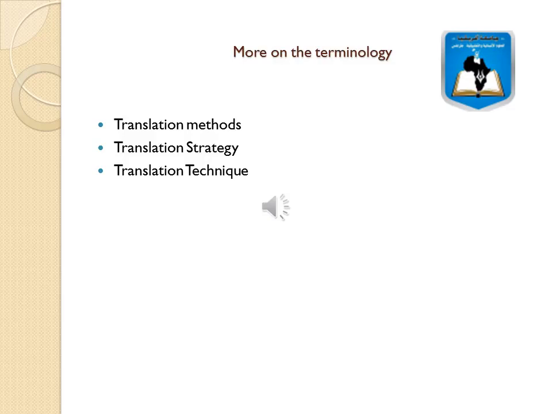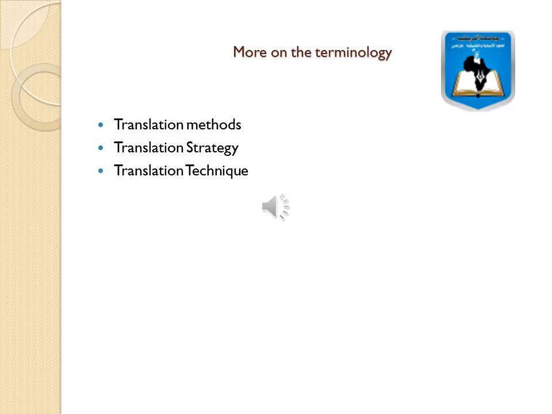How about the translation technique? It is the transference mode or procedure opted for, اختيرت, by the translator in rendering micro level, يعني the one we talked about, of the source text: word, abbreviation, phrase, sentence, or feature, sound effect in a specific context. So translation techniques are used to deal with the challenges as they arise in a translation process.